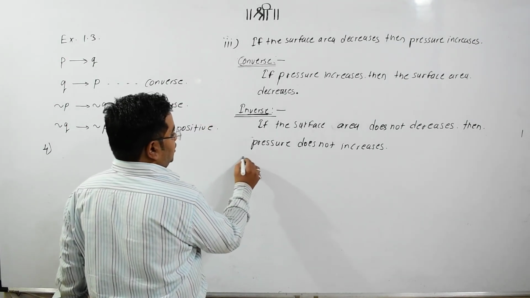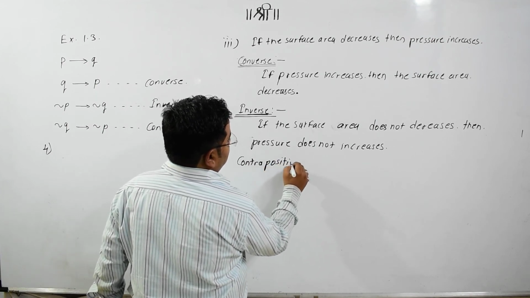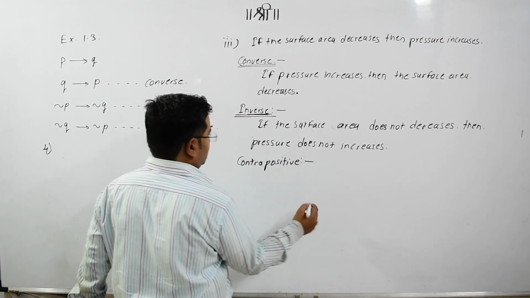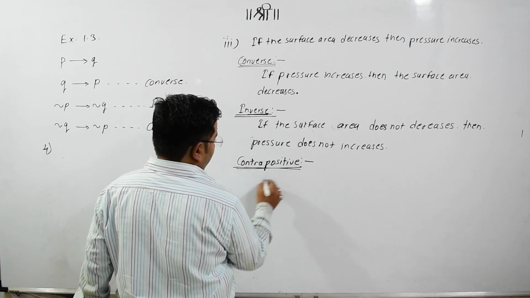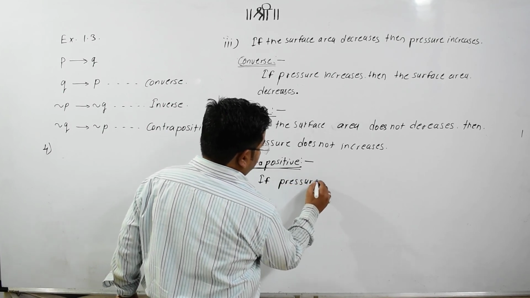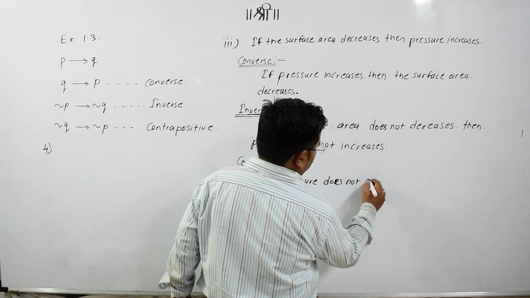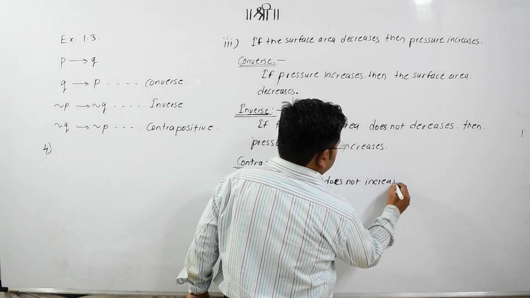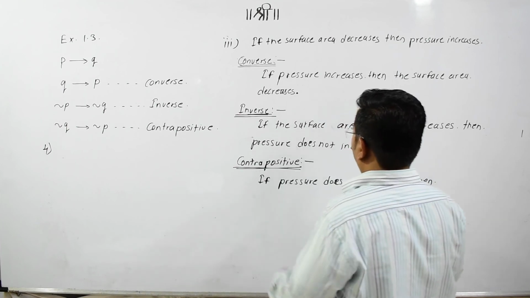Now the next step, the contrapositive of the statement. What is the contrapositive? It is again very simple. If pressure does not increase, then what will happen to the surface area?